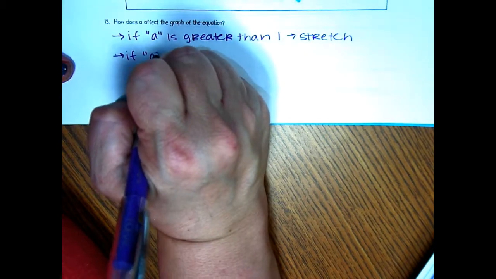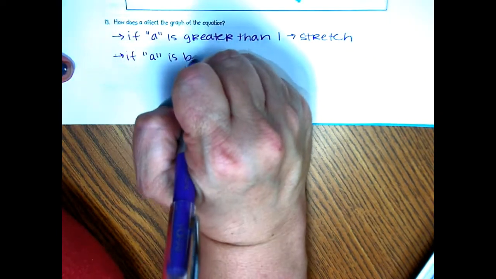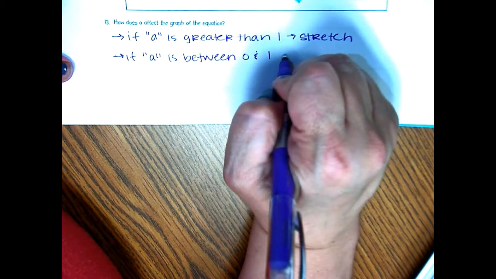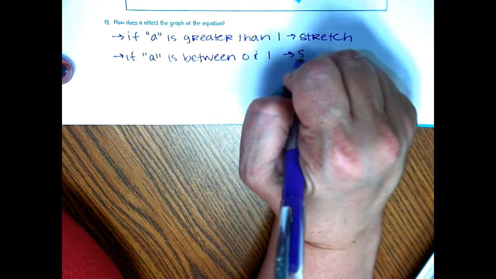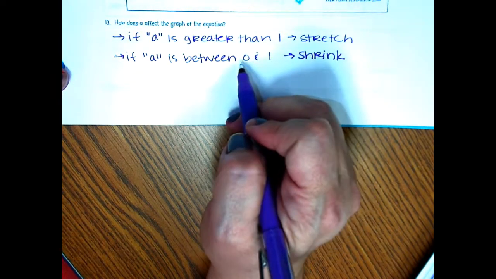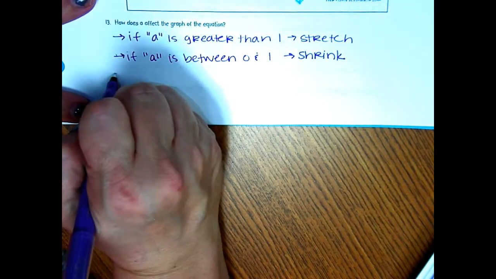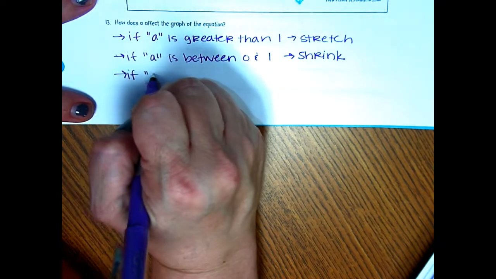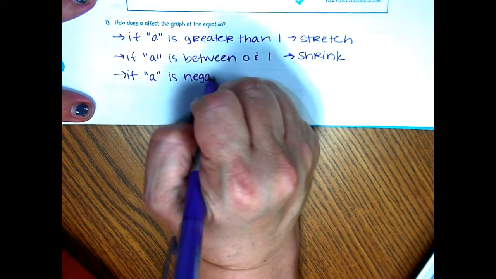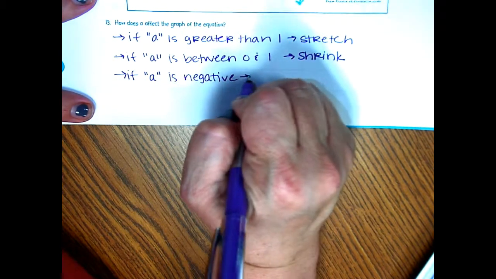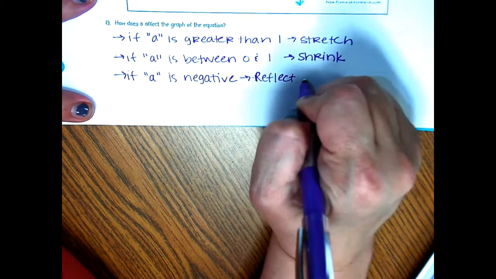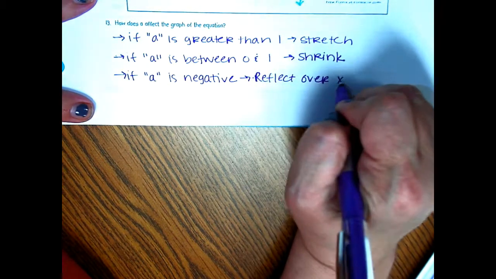If A is between 0 and 1, you get a shrink. And technically it's got to be greater than 0, less than 1. And if A is negative, you are going to get a reflection over the x-axis.